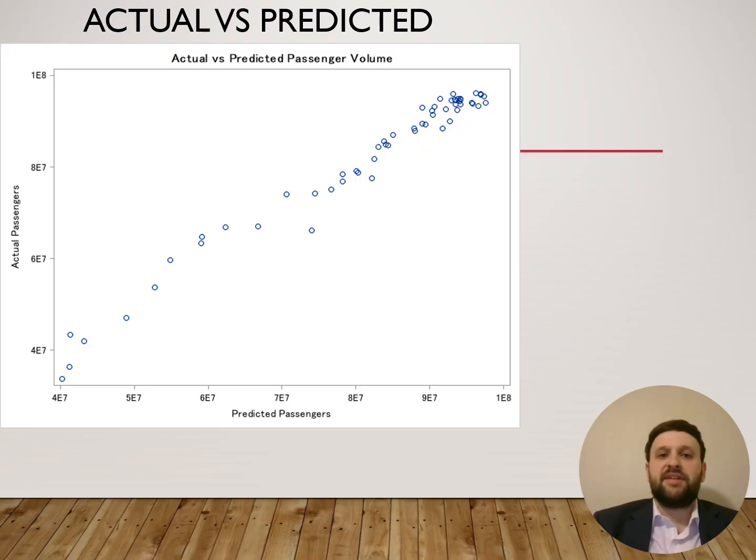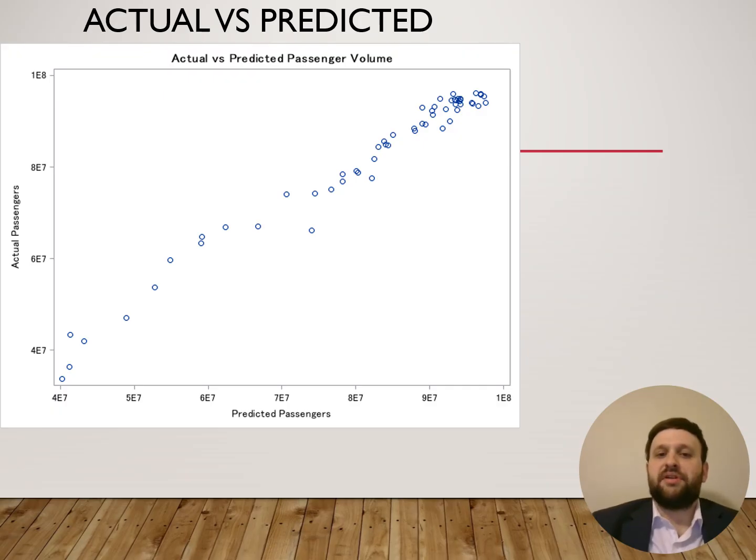So this is the last chart that I pulled from SAS, and this is the actual versus predicted scatter plot, and it indicates that the forecasting model performs extremely well. Each point represents one month that was observed. So there's 56 or 57 points on here, and the tight clustering of the points around the 45-degree line shows that the predicted passenger volume closely matches the actual volume for nearly every observation.